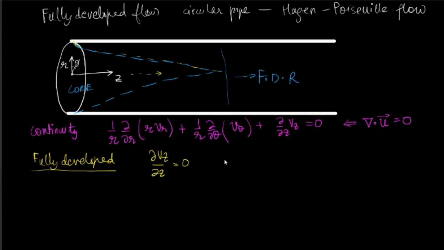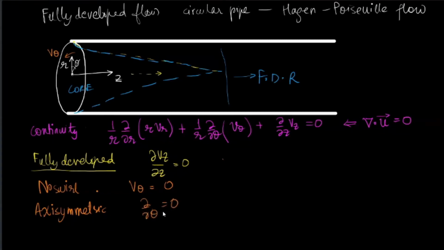Now, we also assume that the flow has no swirl, meaning there is no component of velocity in the theta direction, and we assume that the flow is axisymmetric. If the flow is axisymmetric, then del theta would be equal to 0. Keep in mind that axisymmetric and no swirl are completely different assumptions.